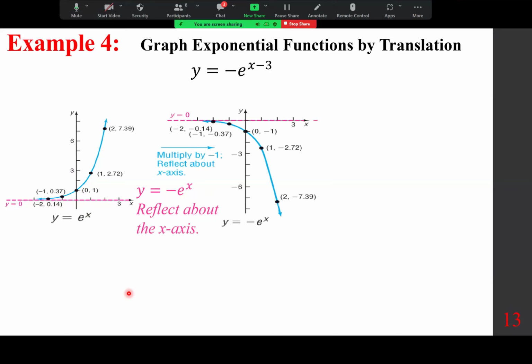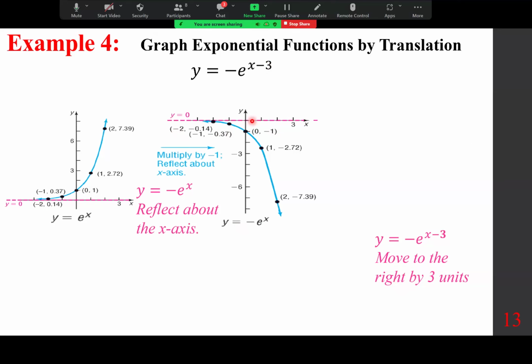So y equals negative e to the power of x. Now to go to this, we're going to replace the x with x minus 3. That means move it to the right. So now move this one to the right by how many units? 3 units. So this is going to move to the right.